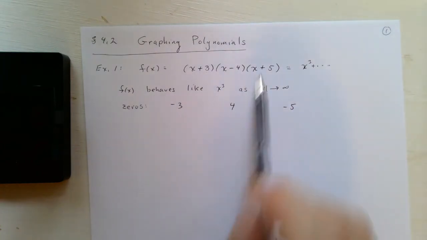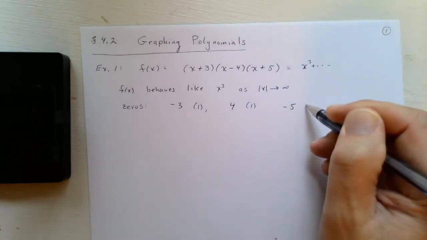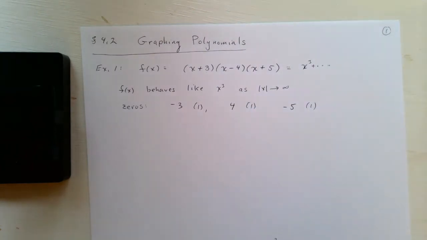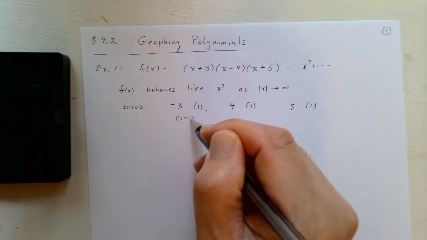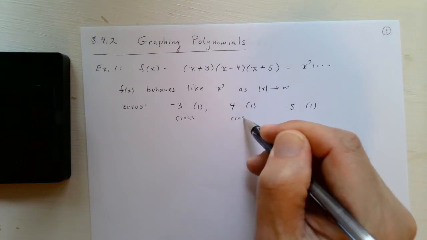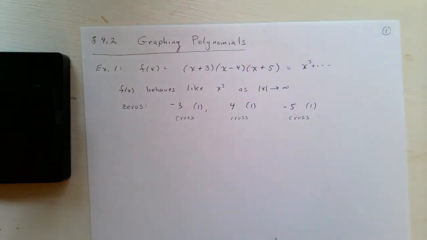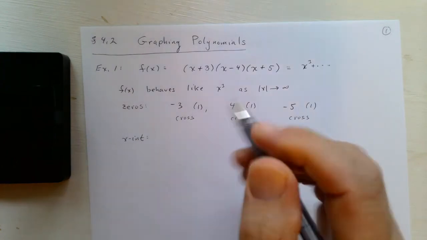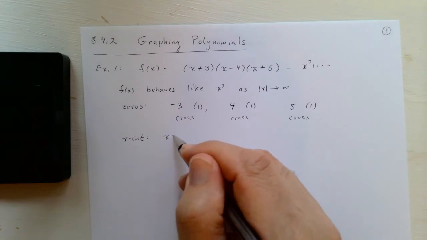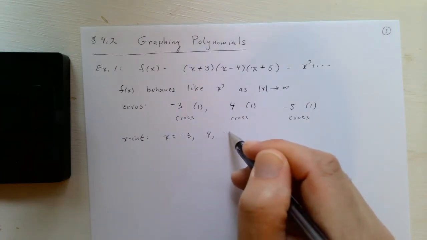Because these factors occur exactly once, the multiplicity of each is 1. This means that at each point the graph will cross the x-axis. The x-intercepts are precisely the zeros: x equals negative 3, 4, and negative 5.